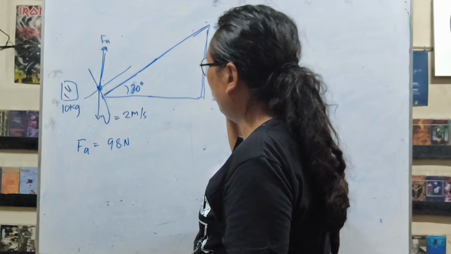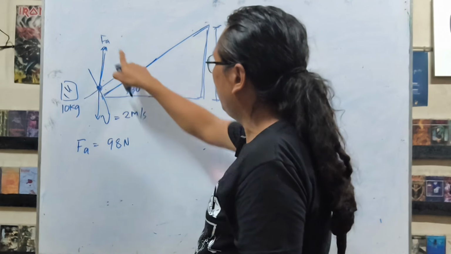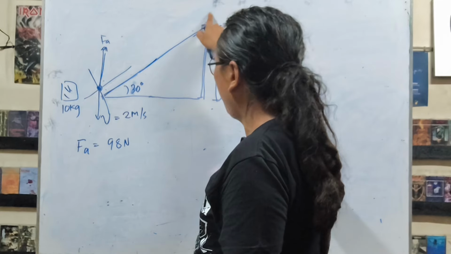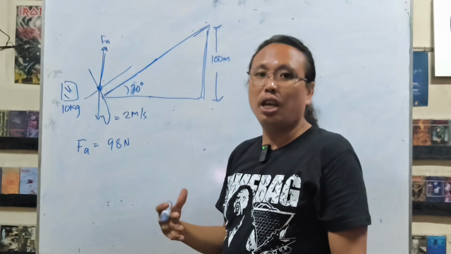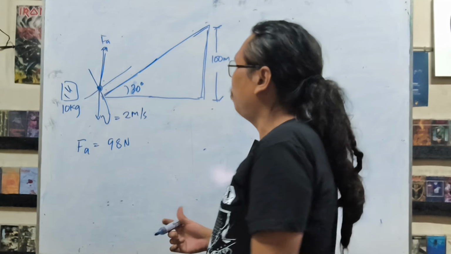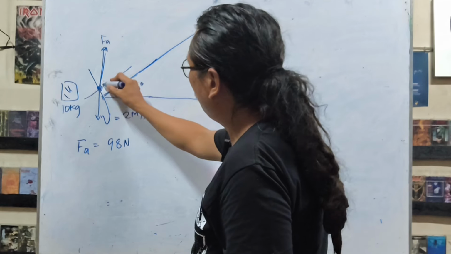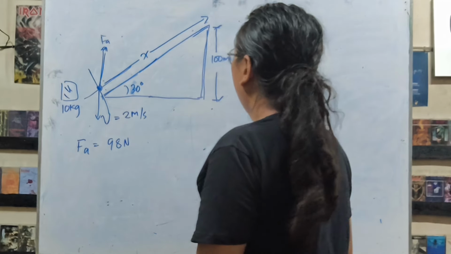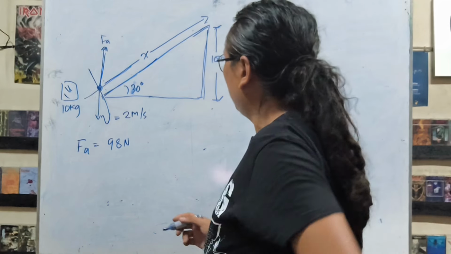So what is now the work done by this applied force as soon as I reach the top right here? What would be the energy that I will consume? So this is my displacement, and let's call this x. Now, what's x?